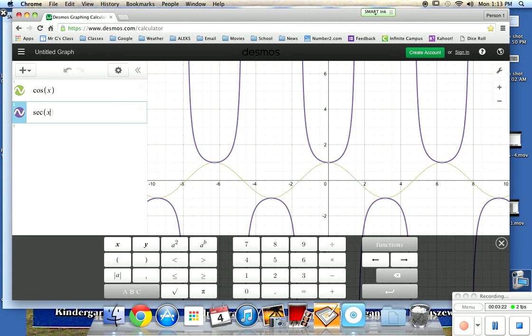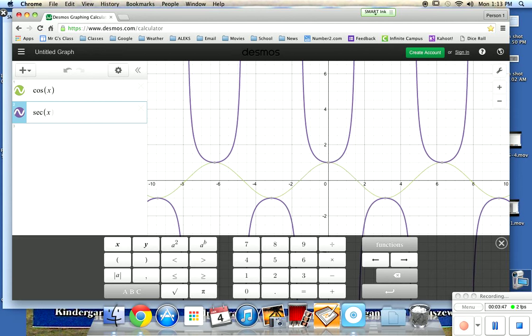What does that usually mean? It usually means that it's undefined at that point. All right, so if you look at this, if it never can touch where the cosine is 0, then the secant is actually undefined at that point.